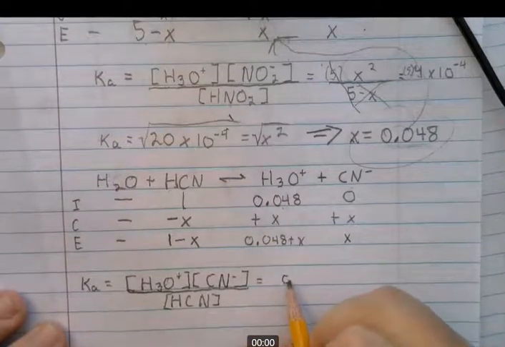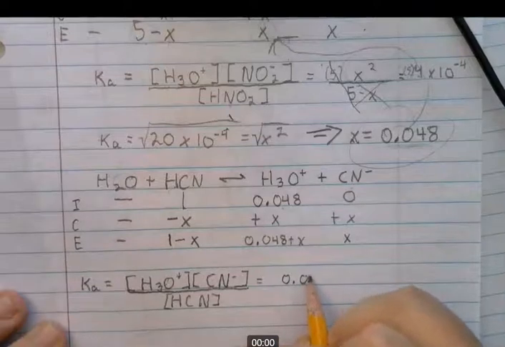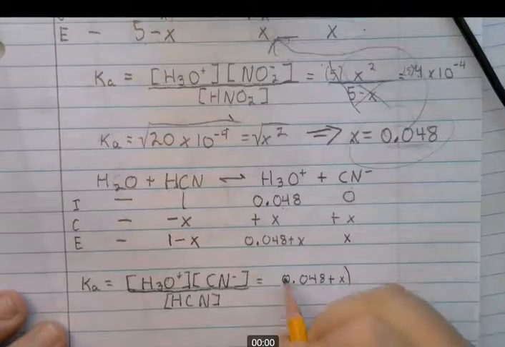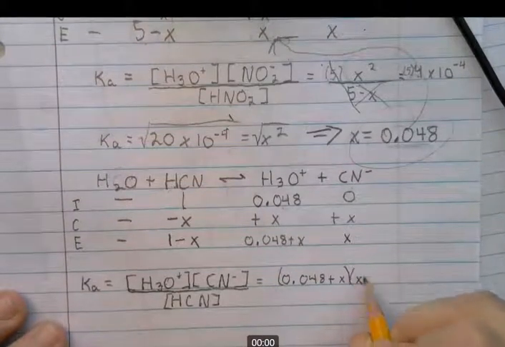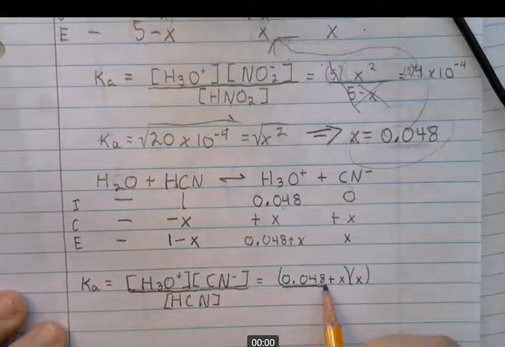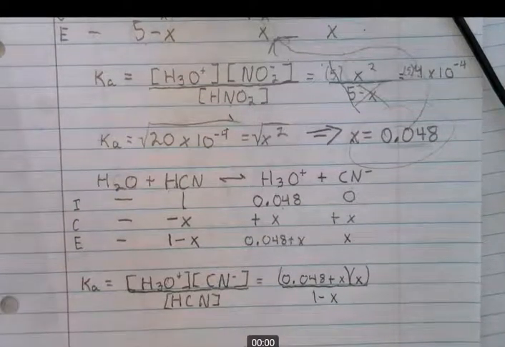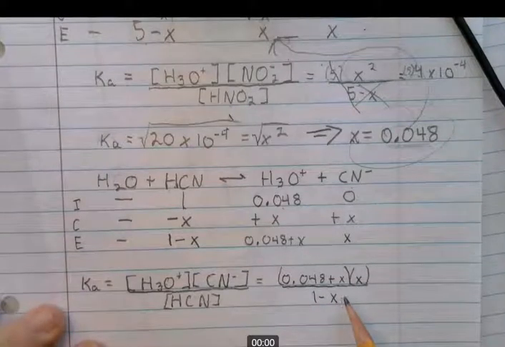We have 0.048 plus x times x over 1 minus x. Okay. So we would really not like to have to multiply those two together. That gives us an x squared and makes it a quadratic. So you know what, we're not going to do that. What we're going to do is use the small variable assumption and say that this is going to go away.